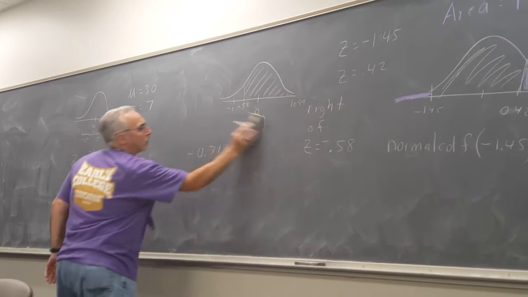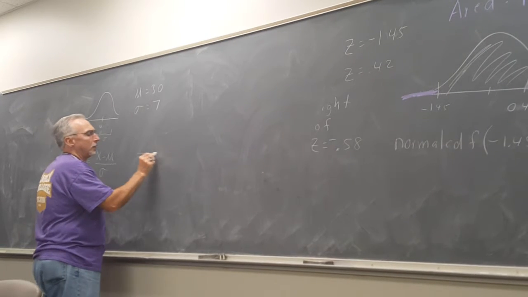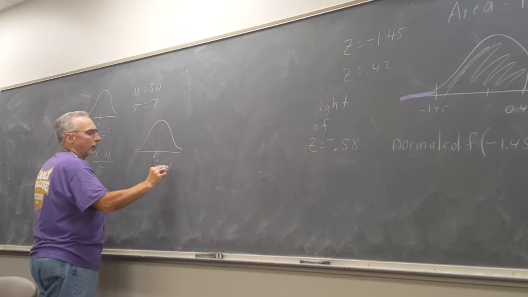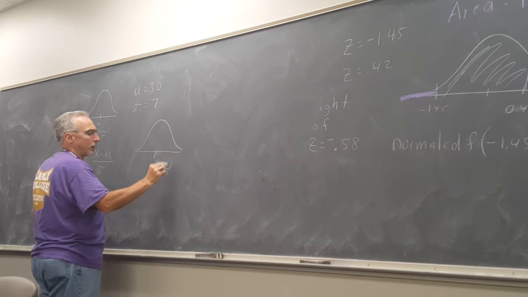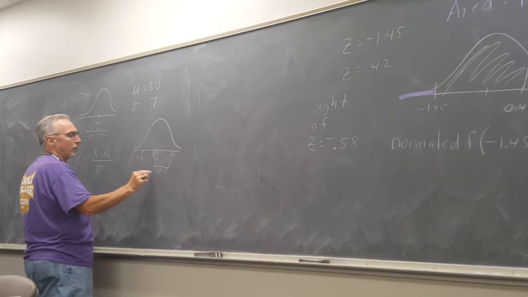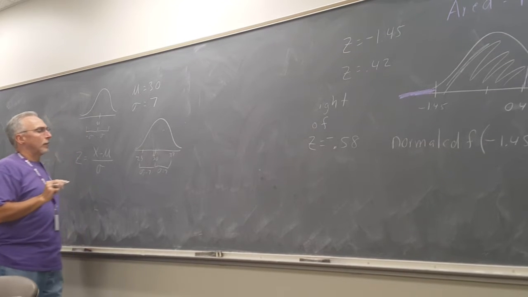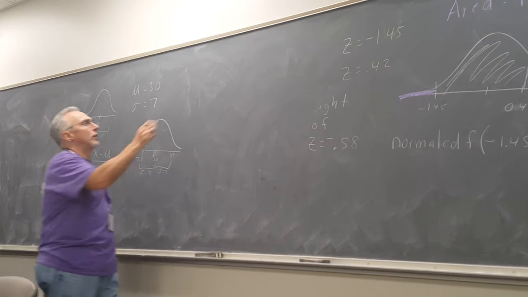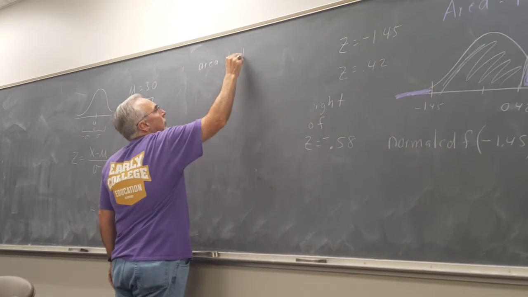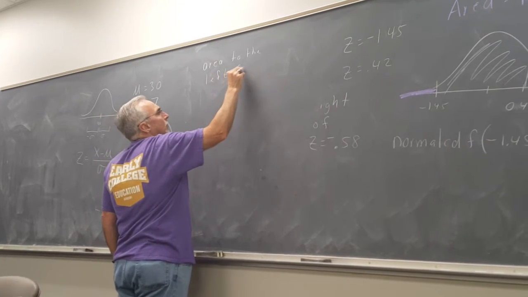So let's take this problem. If they give you a problem and they say the mean is 30 and the standard deviation is 7, and let's say I want to calculate the area to the left of 35.